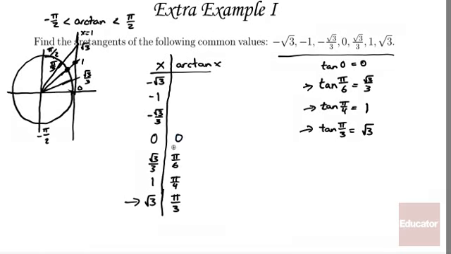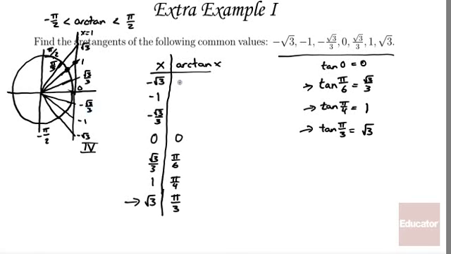Well, that's 0. The negative ones are a little trickier, but if you just remember that the values in the fourth quadrant down here, they're just the negatives of the same values we had up in the first quadrant. So that's negative root 3, negative 1, and negative root 3 over 3.